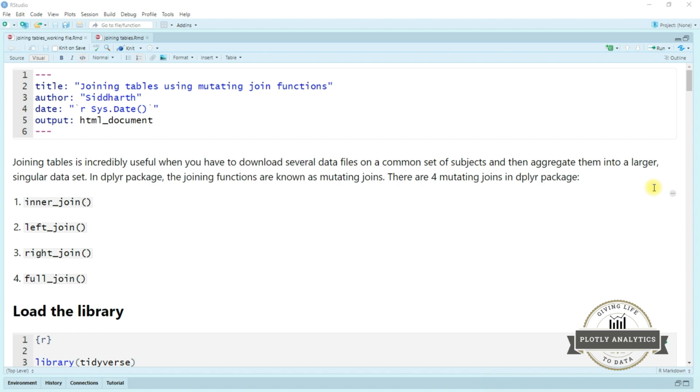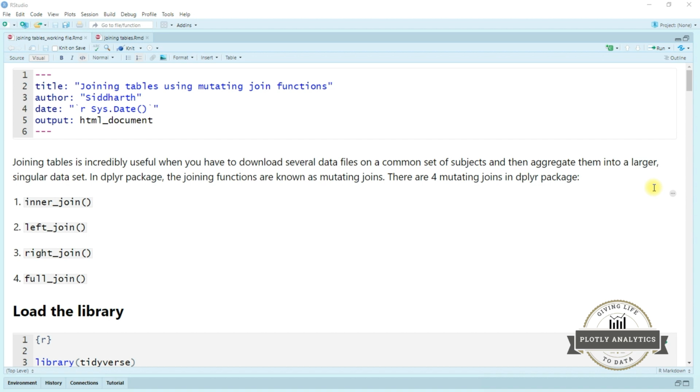So we are going to split the topic into 2 sessions. In this session we are going to cover some theory, and then we will use one function. In the second part of this video, in the second session, we will cover the remaining 3 functions. So that's the agenda that I have.